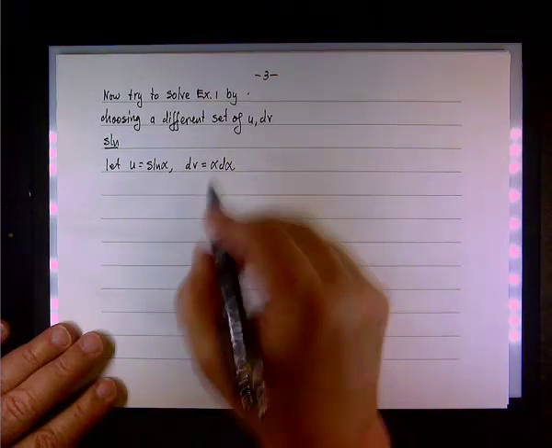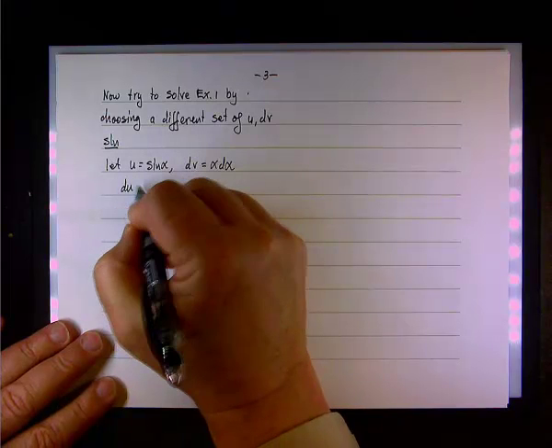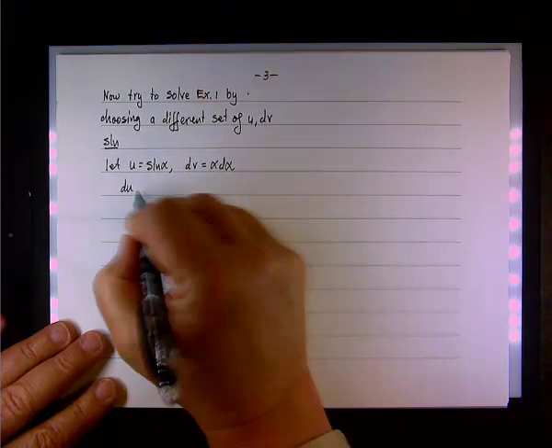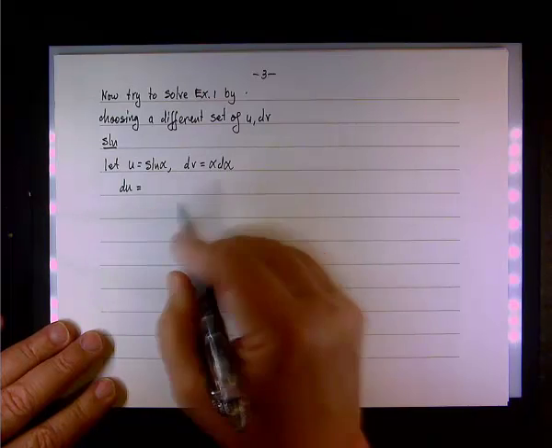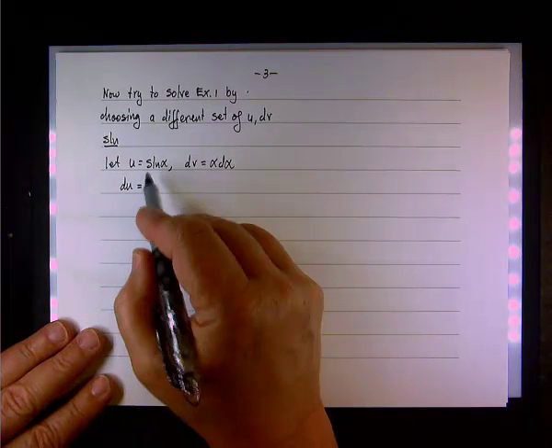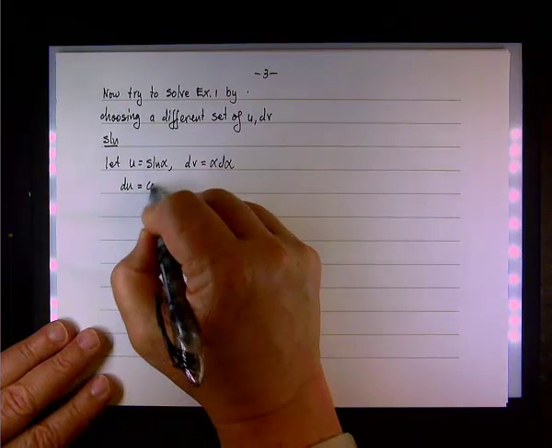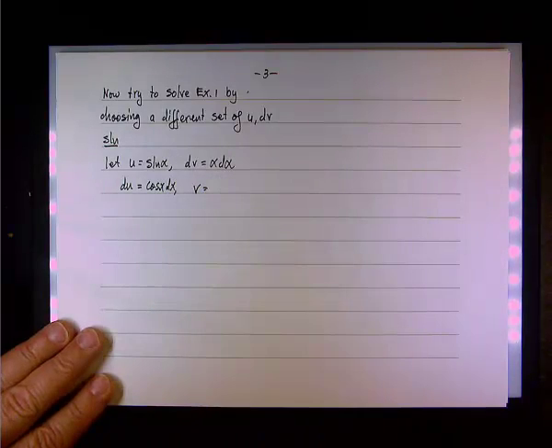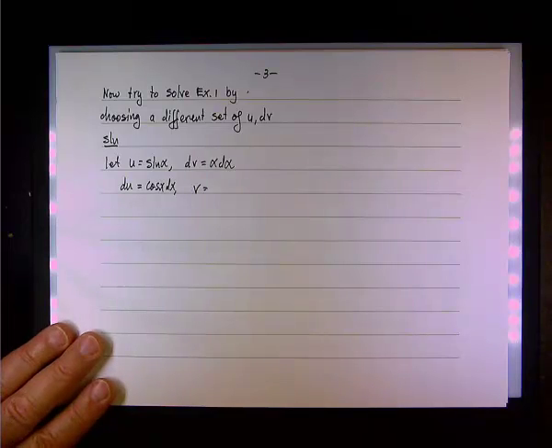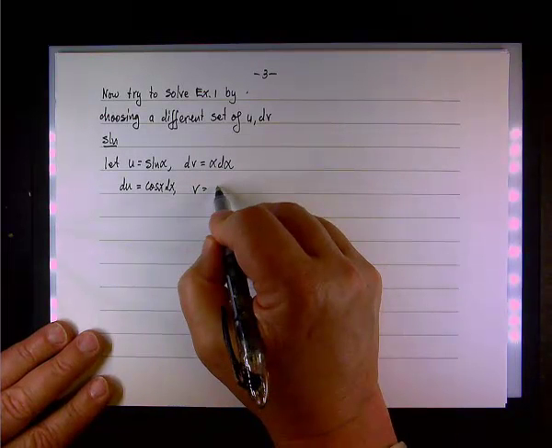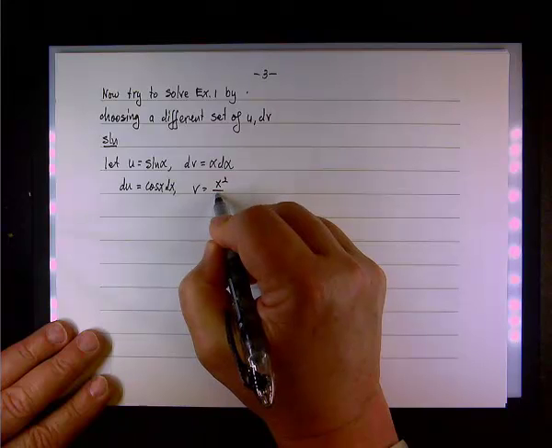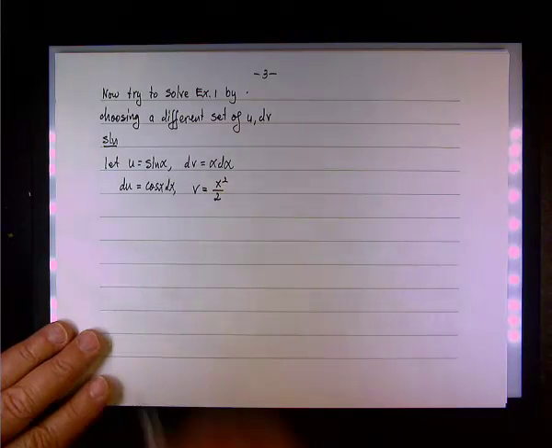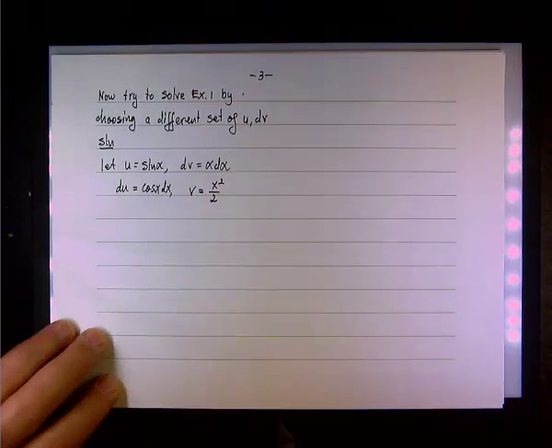I don't know if you can see from here what will be the consequence of this choice. But let's see, du will be simply cosine x dx, but v will be now the antiderivative, the integral of x dx. So it will be x squared over 2 plus, of course, c.